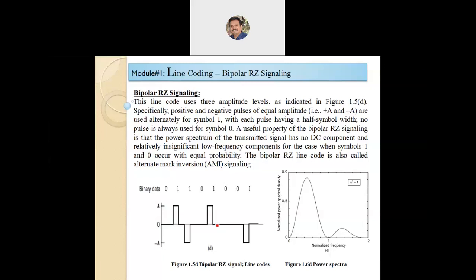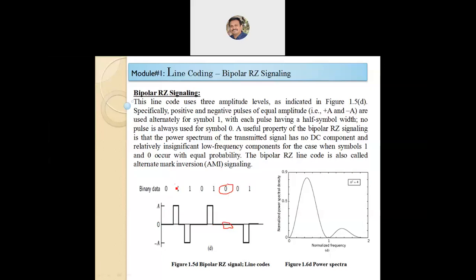No pulse is used for symbol 0, meaning symbol 0 is always represented by 0 amplitude, and 1 is represented by plus A and minus A amplitude for alternate ones. As you can observe in the figure, the 0 bit is represented by 0 amplitude.